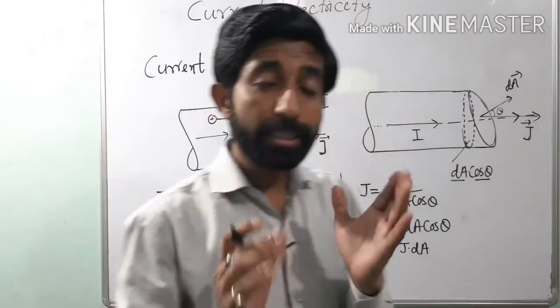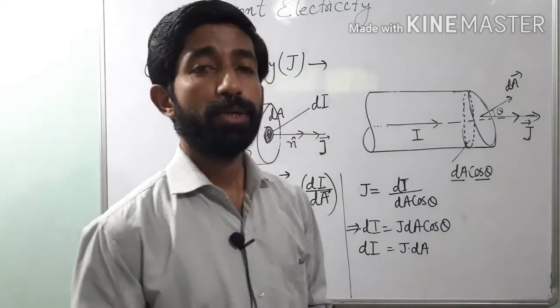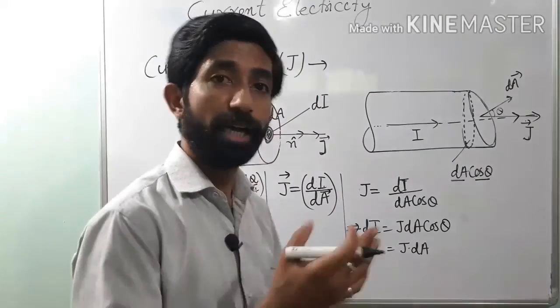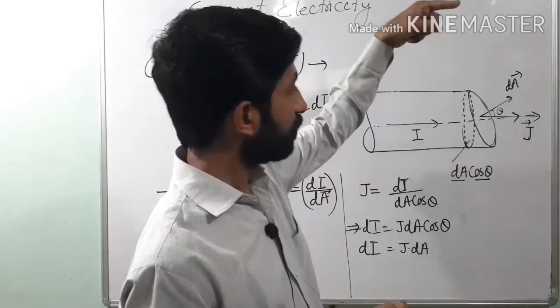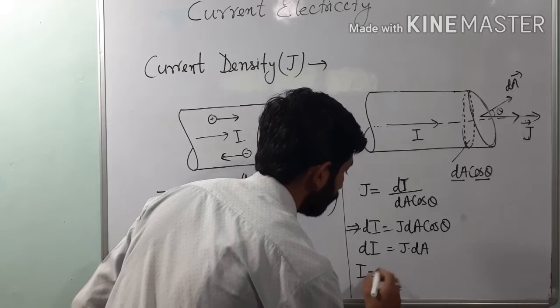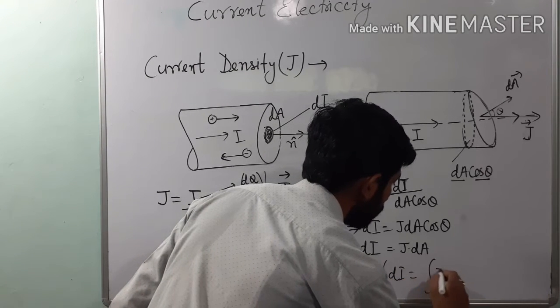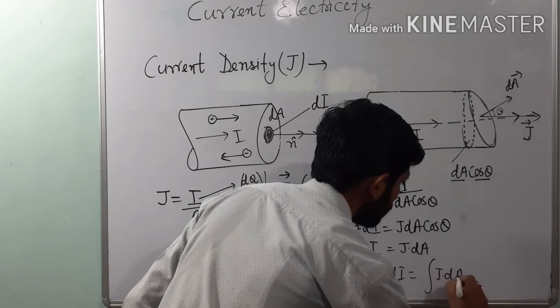So current density is always confined to a particular point. So what will be the total current passing through the entire cross section? In that case I is equal to the integration of dI, which is J dot dA.